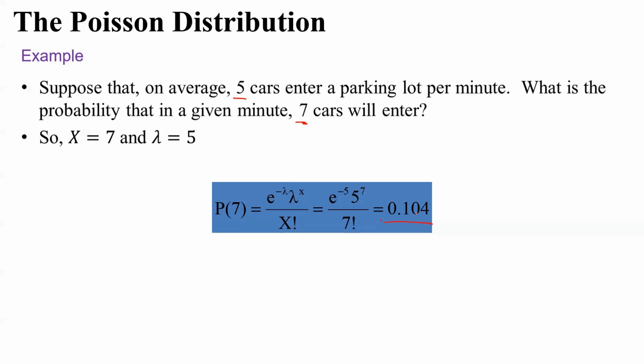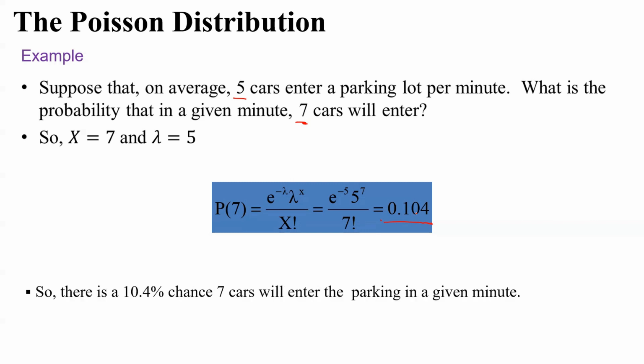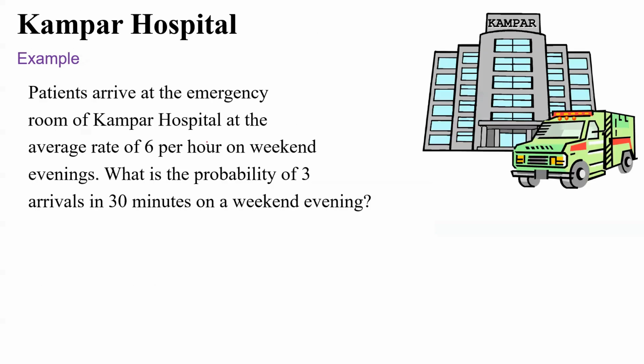So the probability of 7 cars entering the parking lot is 10.4%. You can also say there is a 10.4% chance that 7 cars will enter the parking lot in a given minute.